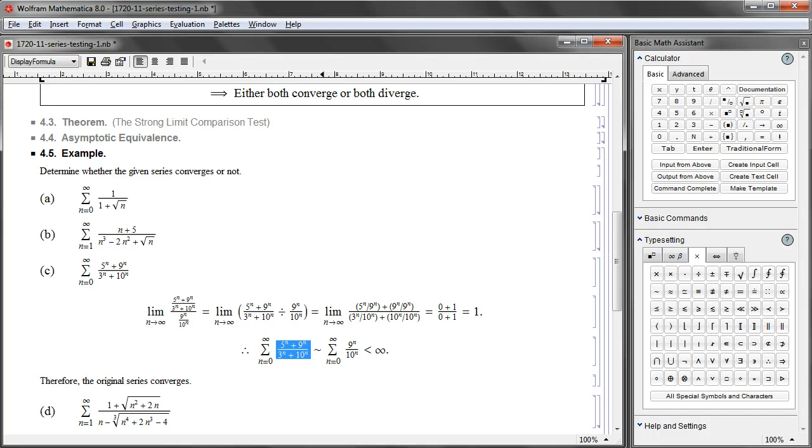Asymptotically, this thing is equivalent to 9 to the nth power over 10 to the nth power. And as a matter of fact, this one is a geometric series. And 9/10 is less than 1 in absolute value, so this geometric series converges.